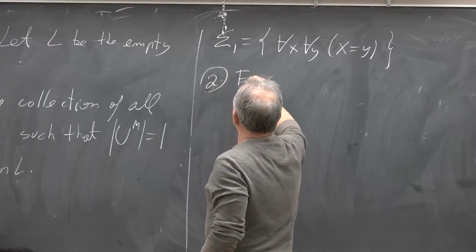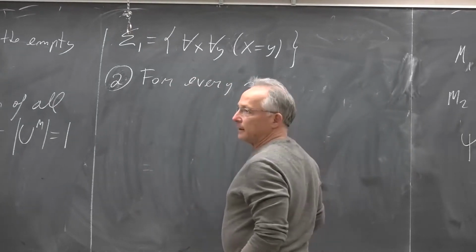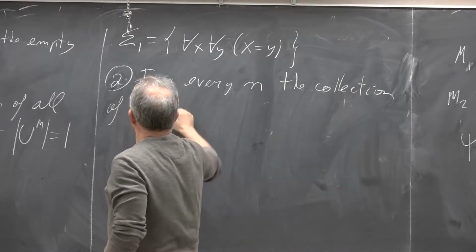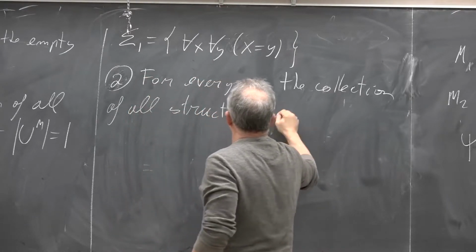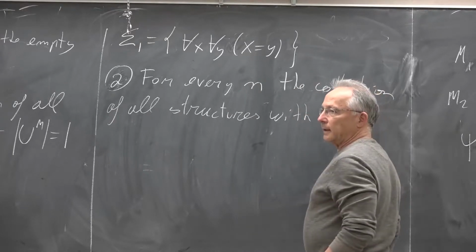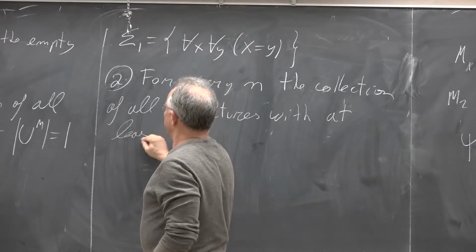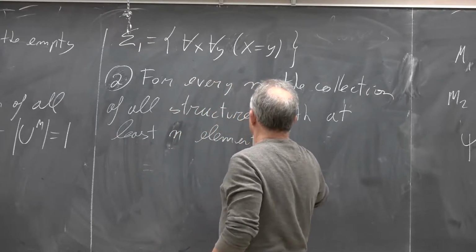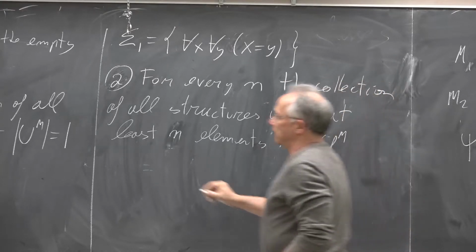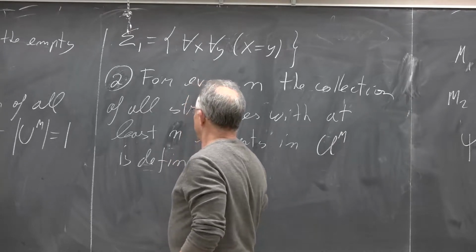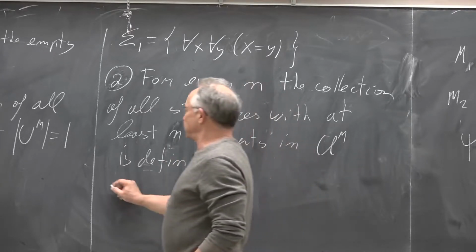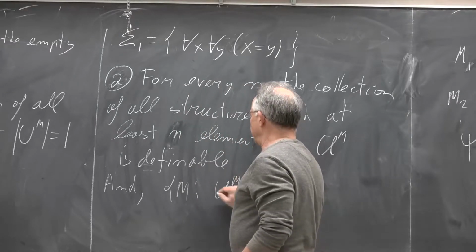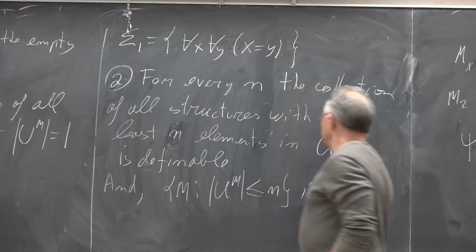I claim that for every n, the collection of all structures M with at least n elements in U of M is definable, as well as the set of all M such that U of M has at most n elements.